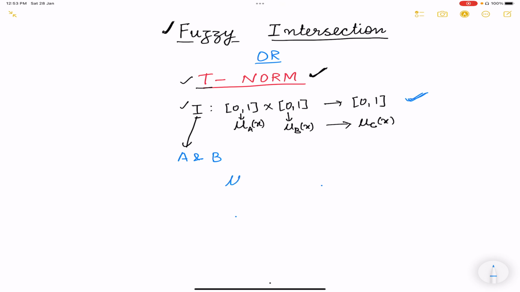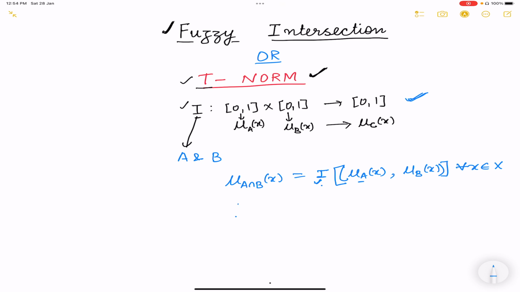So we denote it as mu A intersection B(x) is equal to I of, so this is the intersection function, the membership grade first, and then we'll write the second membership grade. And this holds for every x.